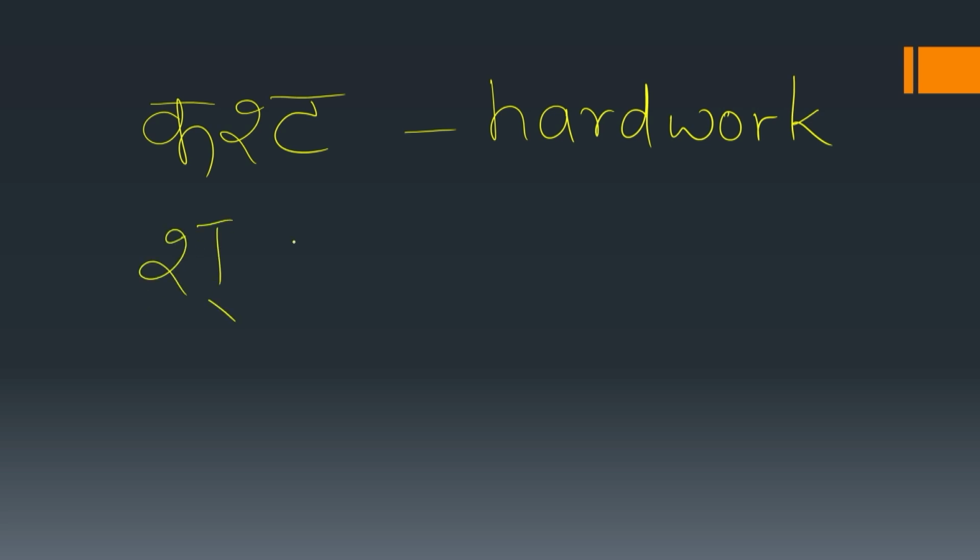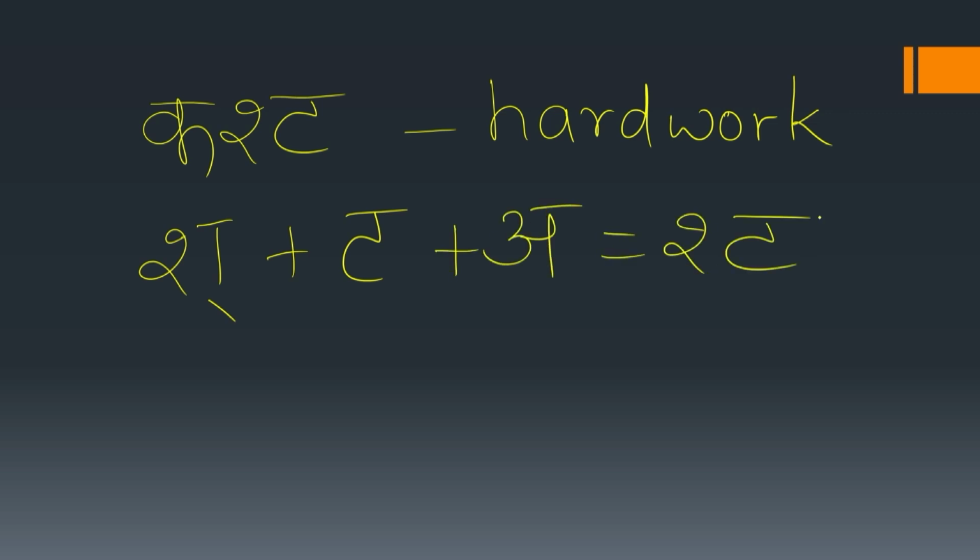Another example of the same conjunct, kashta, which means hard work. Again, this is half sha plus ta plus a swar. We have another Konkani word, spashta, which means clear.